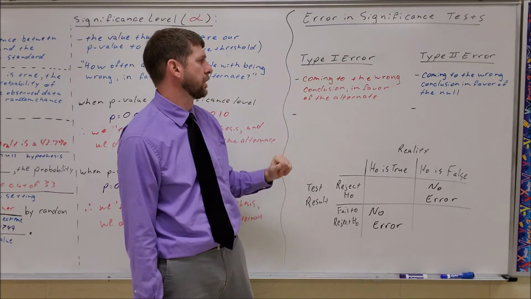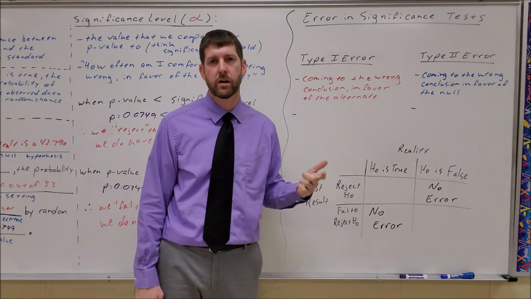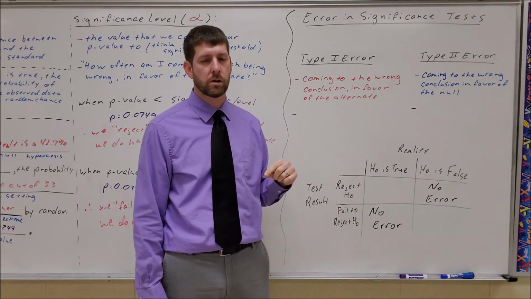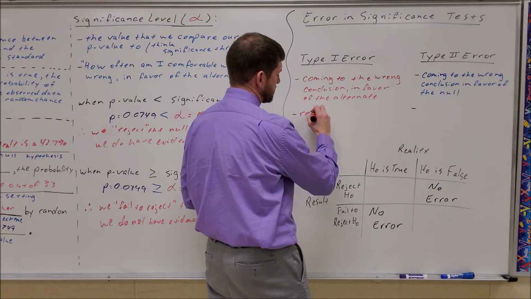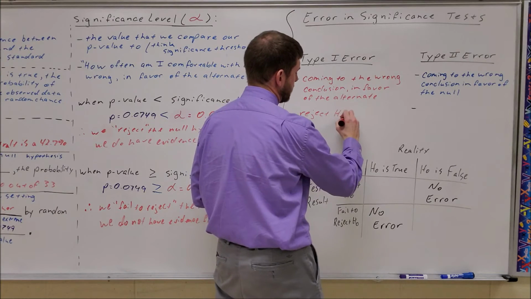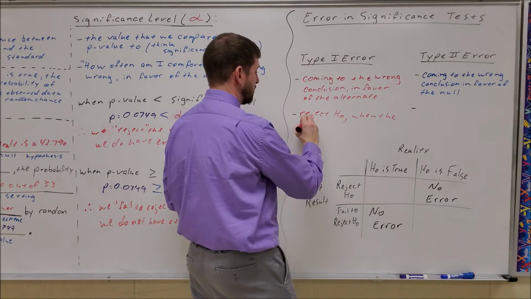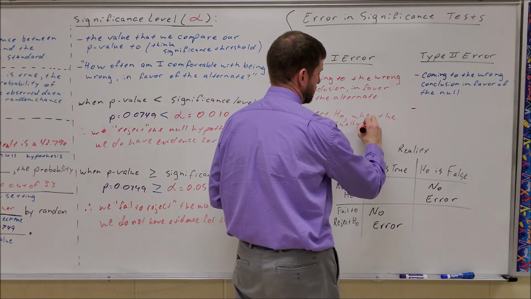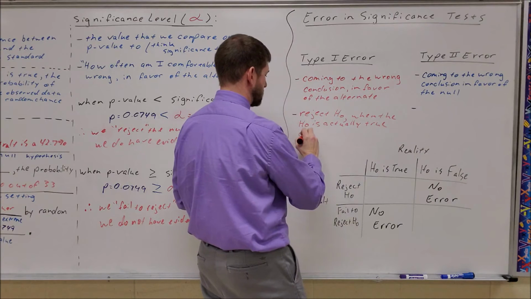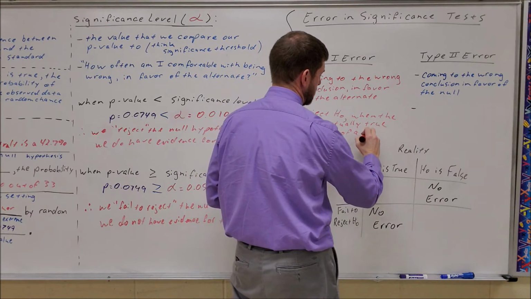Type 1 error means coming to the wrong conclusion in favor of the alternate. What does that mean? That means that we reject the null when the null is actually true. Or in other words, we get rid of a good null.